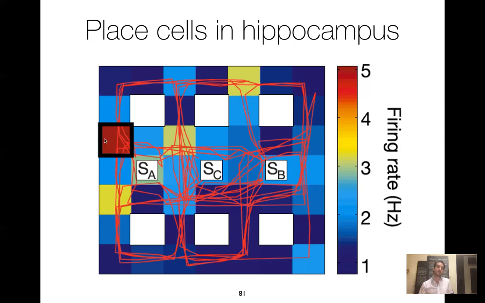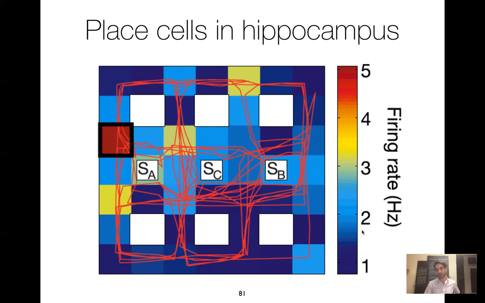And so you can just see that whenever the person is in this location, the firing rate is the highest. There's a place cell here that is firing faster when the person is here than when they move a couple virtual feet over to the left or to the right, and the firing rate drops much more. So sure enough, by finding place cells in rat hippocampus, scientists were able to identify place cells in human hippocampus, okay?